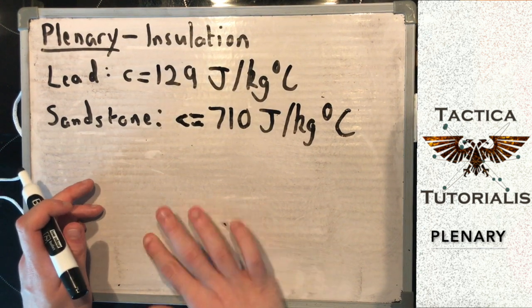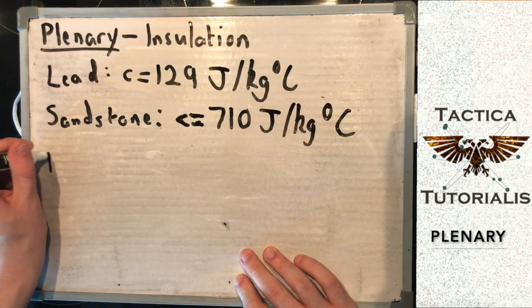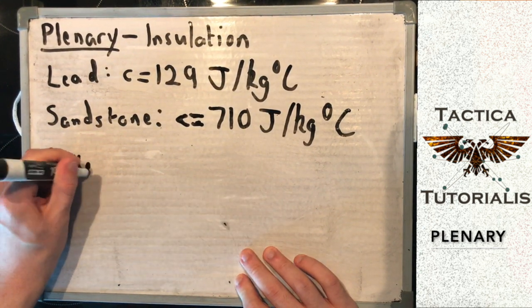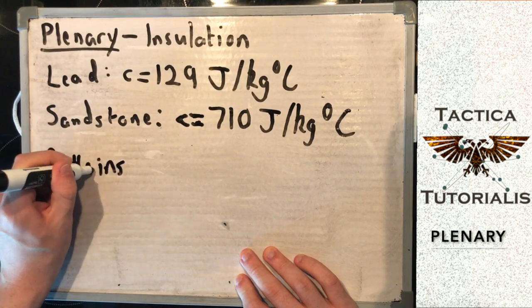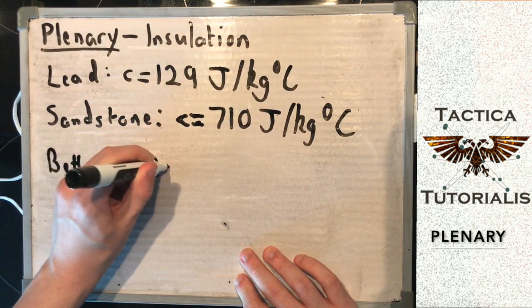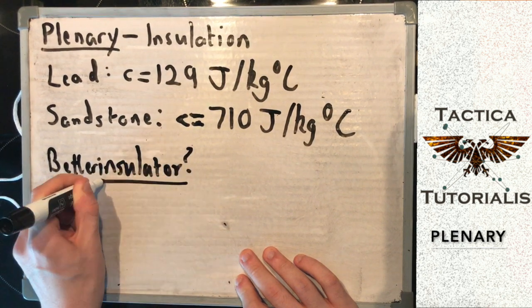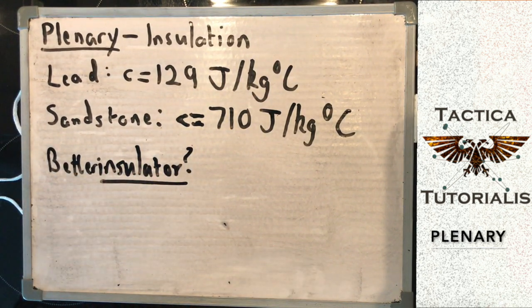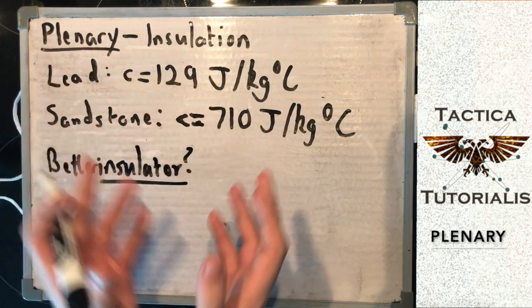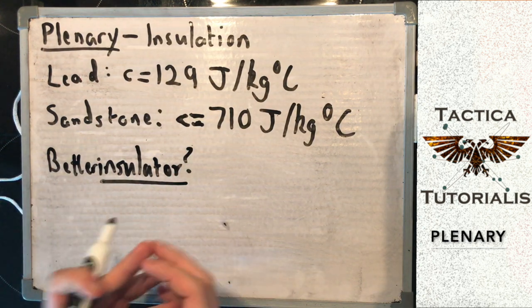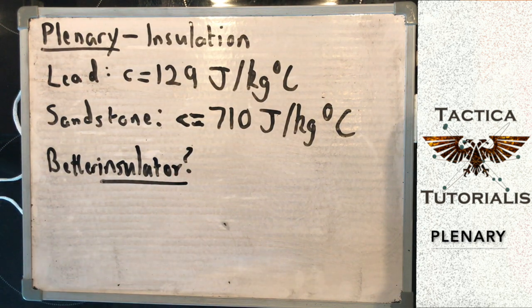And we wanted to ask which was the better insulator. And in the question, I did give you a hint about how insulators work. Insulators do not cool down or heat up very quickly. And remember that if you want something to be insulated, you want it to hold its heat for as long as possible, to keep the heat in so that it doesn't cool down.